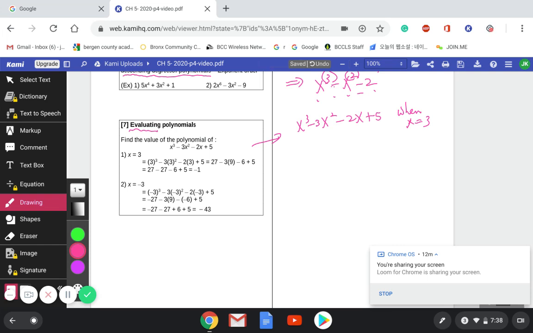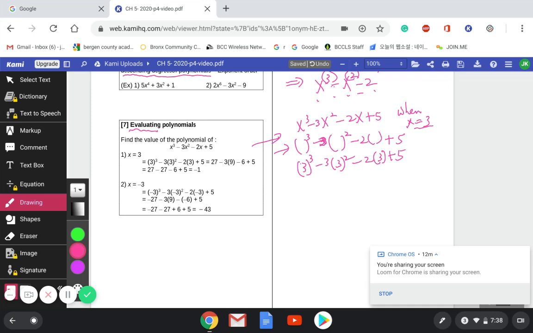So instead of x, you put parentheses, and 3 times parentheses squared minus 2 times parentheses plus 5. It's always a good idea to have the extra step of writing parentheses, replacing x with parentheses, and then you put the number there. In this case, x is 3.